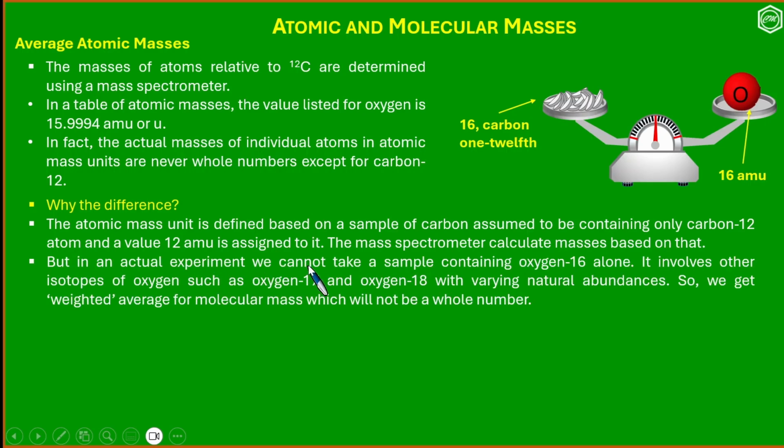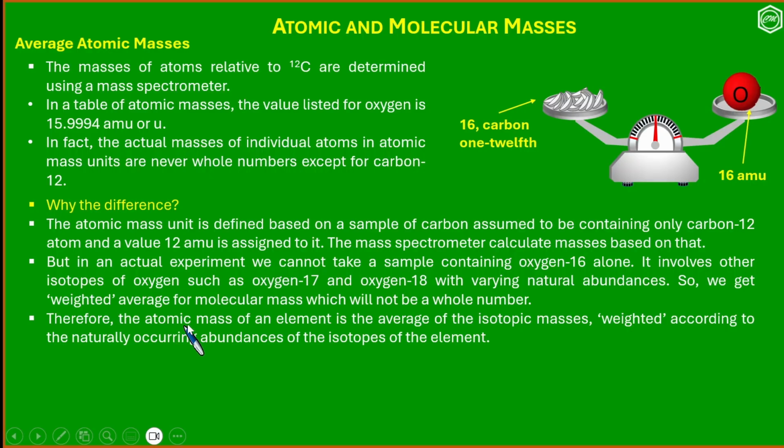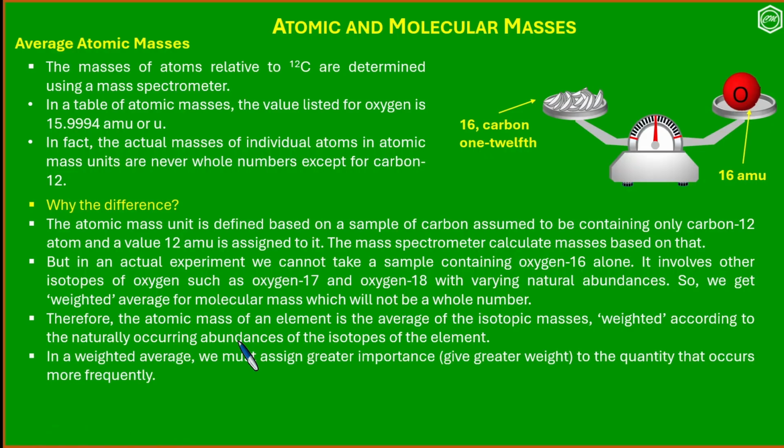But in an actual experiment, we cannot take a sample containing oxygen-16 alone. It involves other isotopes of oxygen such as oxygen-17, oxygen-18 with varying natural abundances. So we get a weighted average for atomic mass, which will not be a whole number. Therefore, the atomic mass of an element is the average of the isotopic masses, weighted according to the naturally occurring abundances of the isotopes of the element.